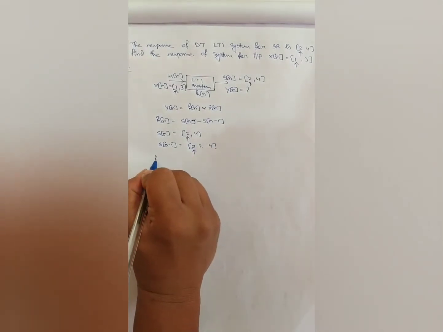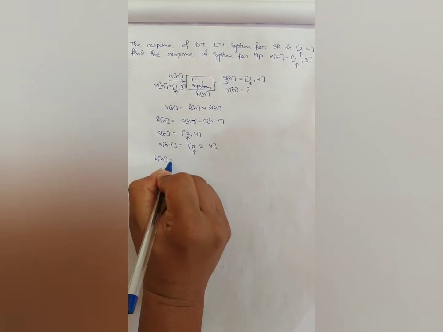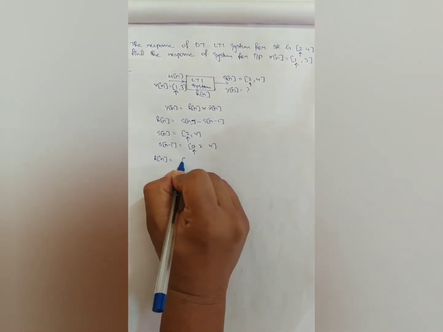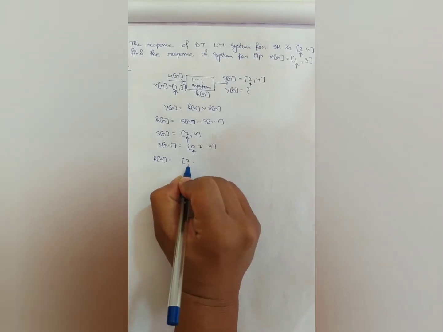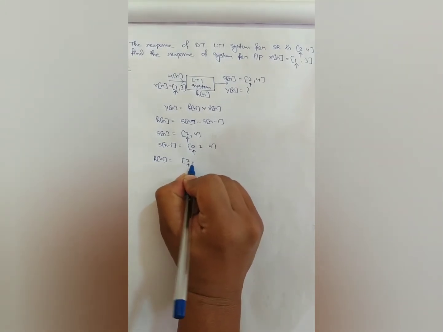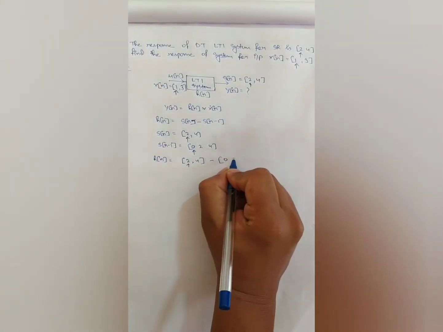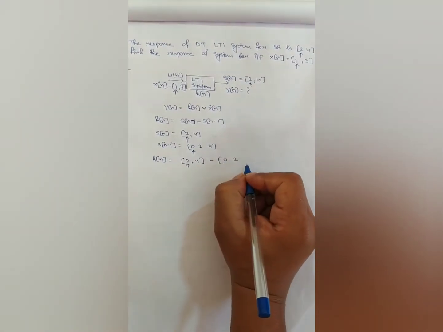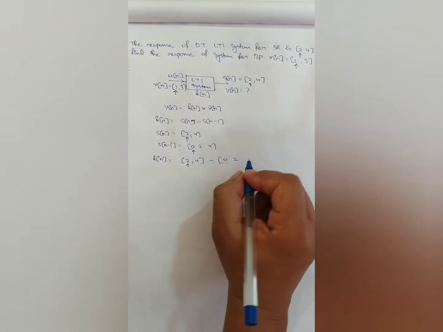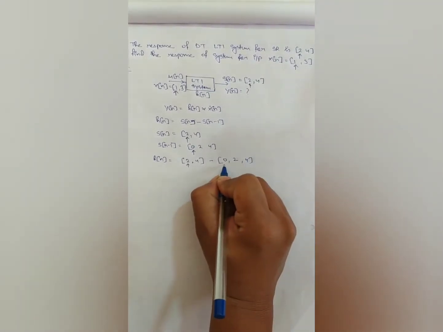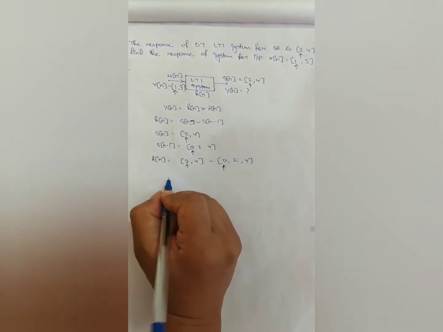Then we have h[n], the impulse response, equal to S[n] minus S[n-1], which is 2, 4 minus 0, 2, 4, with the arrow at the position of 0.